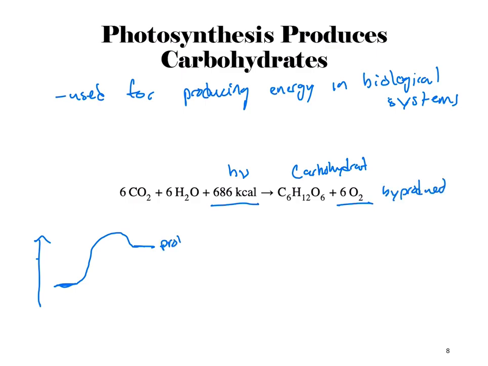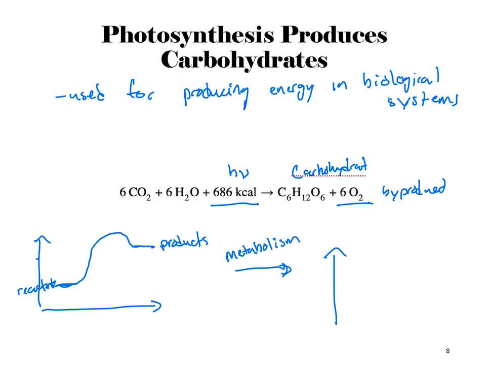We create products that are high in energy. These are used for energy in the plant. They have to take in energy from the sun to synthesize these carbohydrates, and then they can later be used in some sort of metabolic pathway for metabolism to then start.